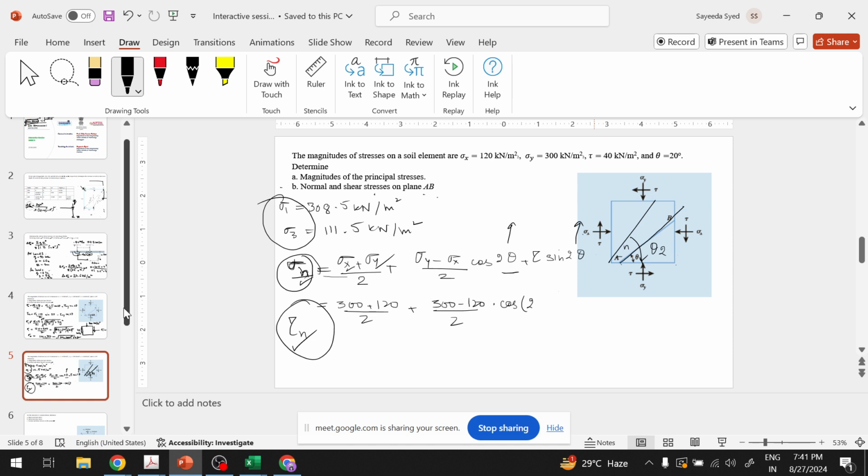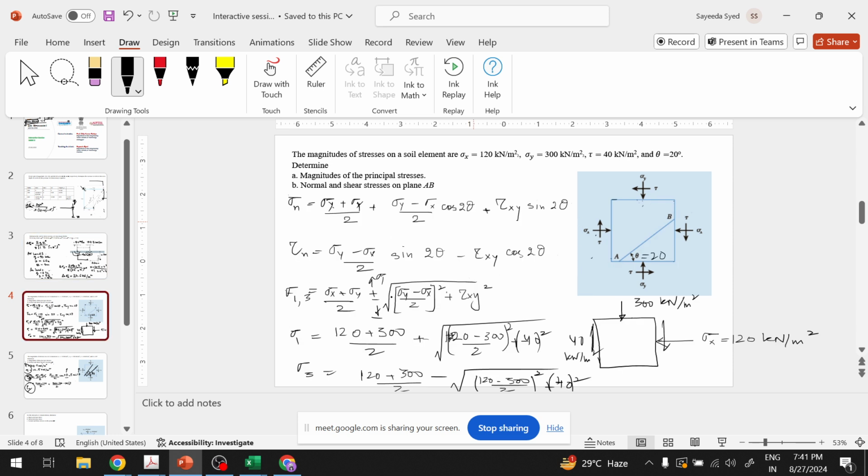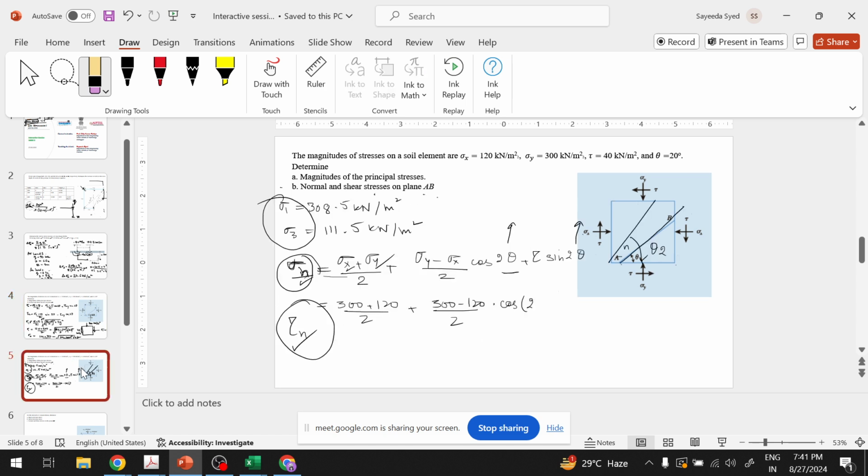But in case of sigma 1 and sigma 3, they were free of any cos or sine theta, which means that they will not depend on the orientation of the plane. Do you understand?